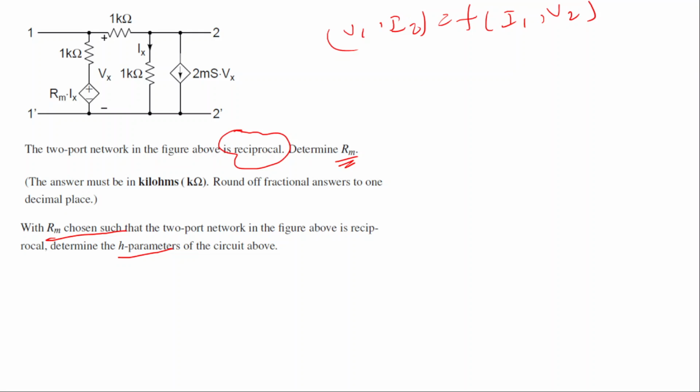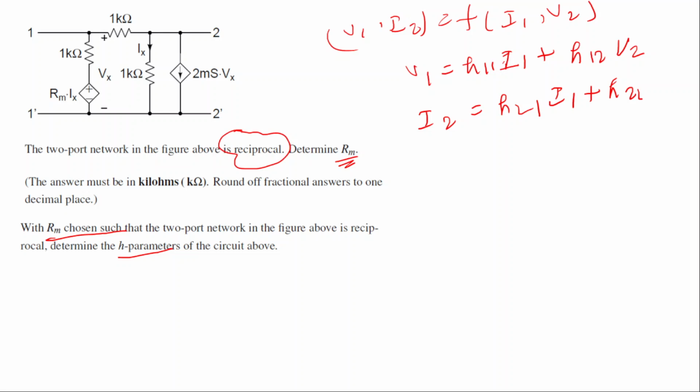So we can write the equations for H parameters as V1 equals H11 I1 plus H12 V2, then I2 equals H21 I1 plus H22 V2. These are the main driving equations for H parameters, so we will solve this network in terms of these.